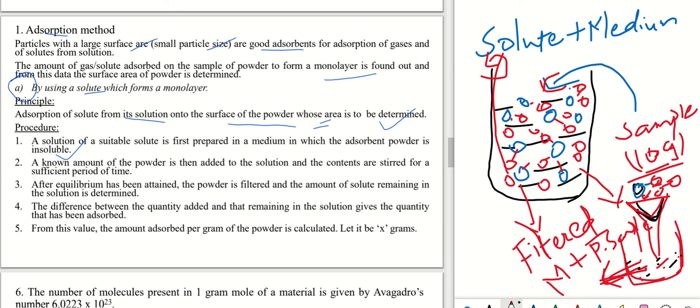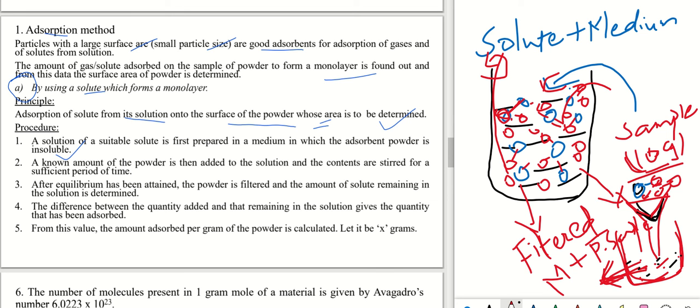If we have added 10 grams of the sample into the beaker and after stirring, some of the particles get adsorbed to the solute particles, then being insoluble, they are filtered out, and the remaining solution having only the leftover sample is collected here.